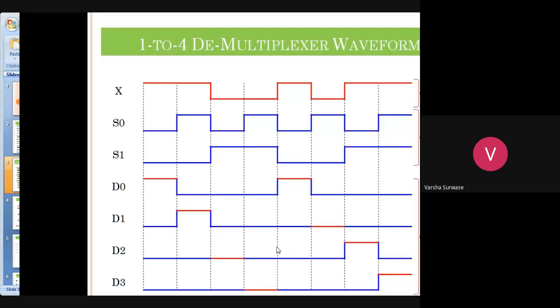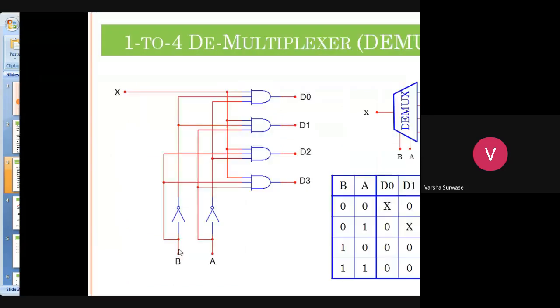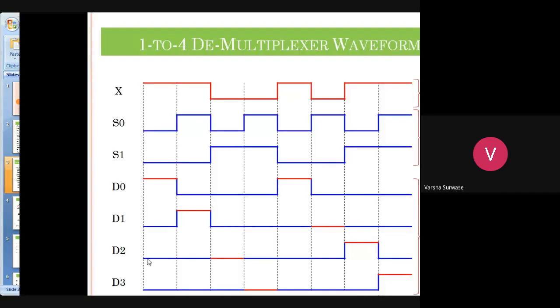Now this one is the waveform. For the mux, whatever input is given, the same you will get at the output, depending on the select line. Now see, this one is the input data 1 1 0 0 1 0 1 1. So this is the input data.